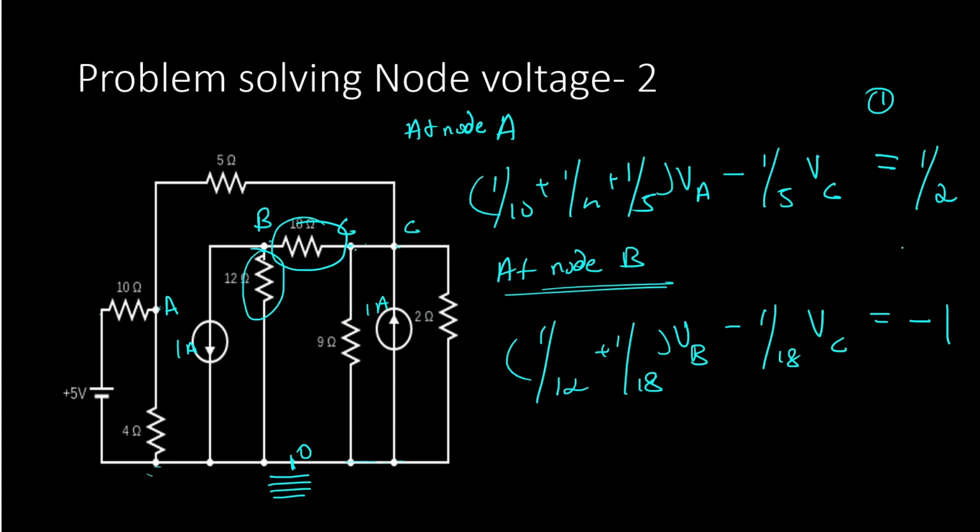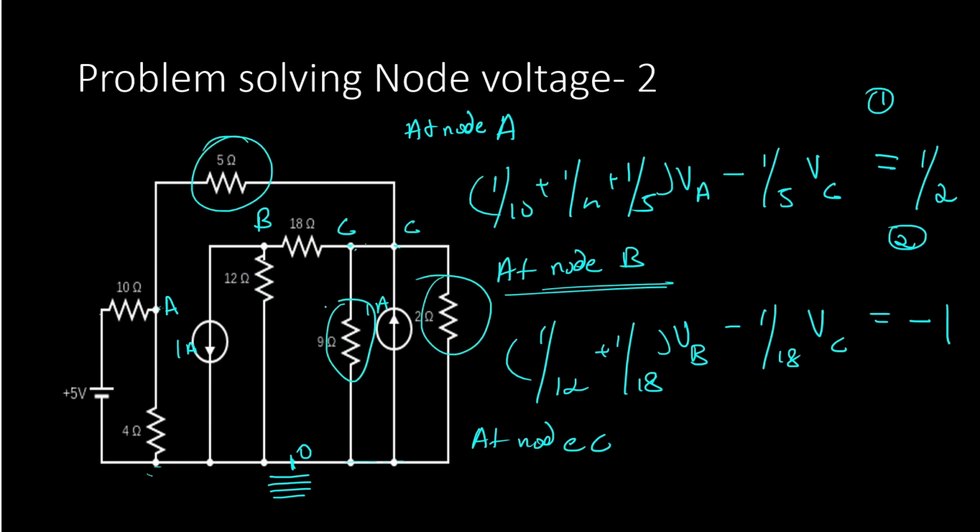Now we have two equations and three unknowns, so we need one more equation, the node C equation. At node C, we have a 5 ohm connection, a 2 ohm connection, a 9 ohm connection, and an 18 ohm connection. Here we have 4 connections.